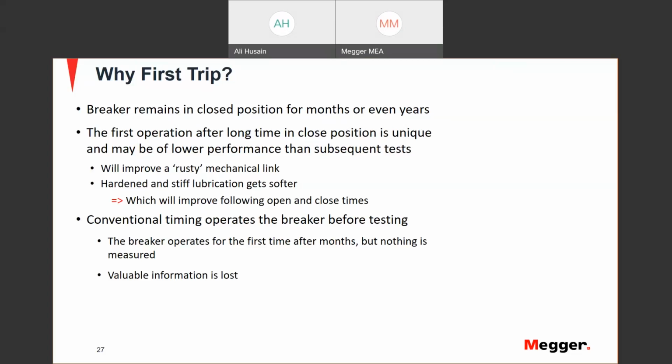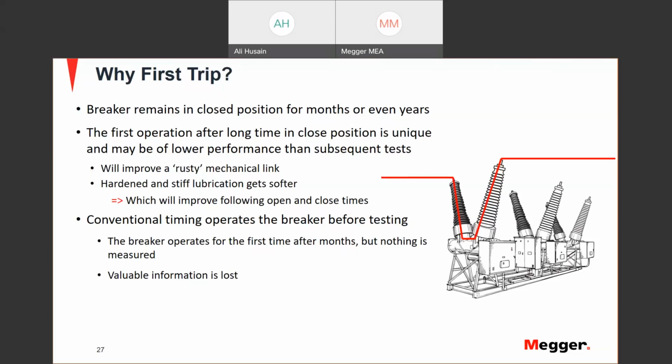Valuable information is lost because you operated it for the first time. The mechanism could get a little bit re-lubricated, so that information is lost. That's why we recommend doing the first trip test before doing conventional timing or a BM test. You can do this to get that information, and it's a very basic and simple test on the breaker, really.